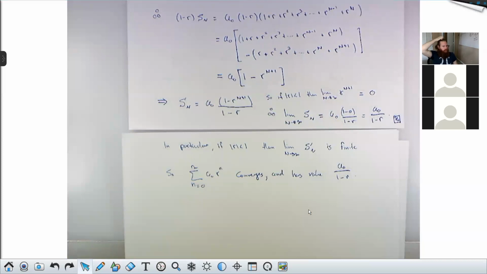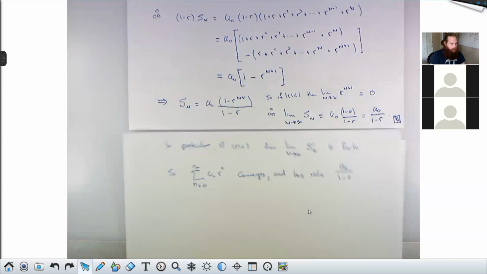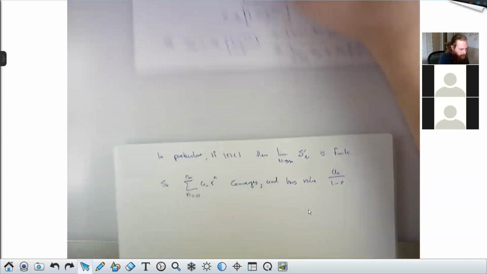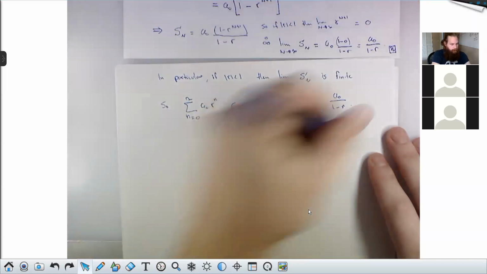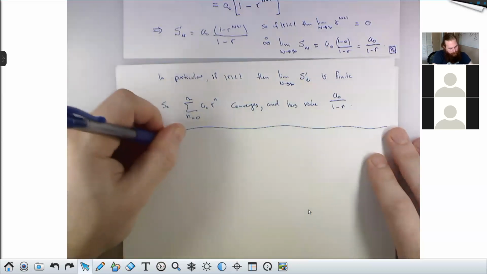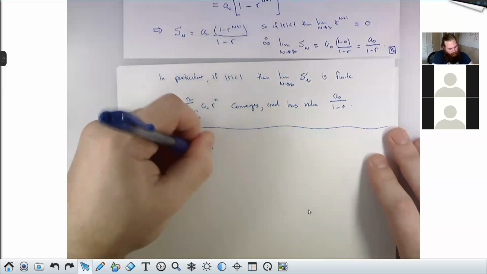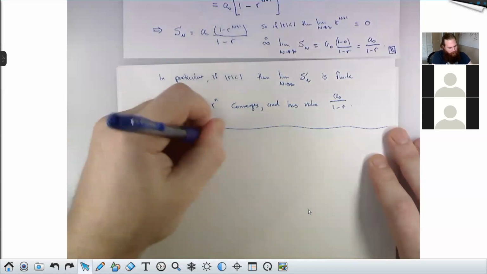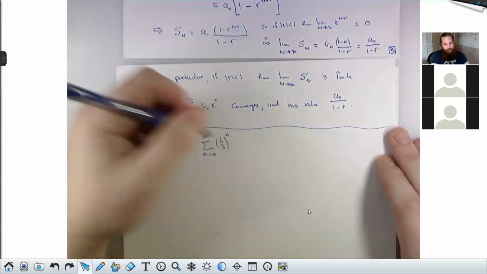We can use this on the example we did at first. So we can use this to revisit the sum from n equals 0 to infinity of (1/3) to the n.